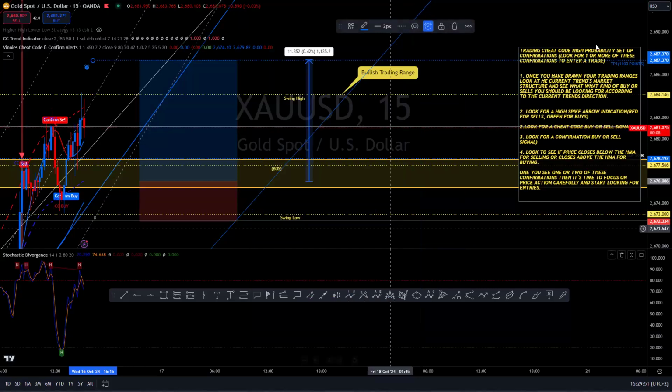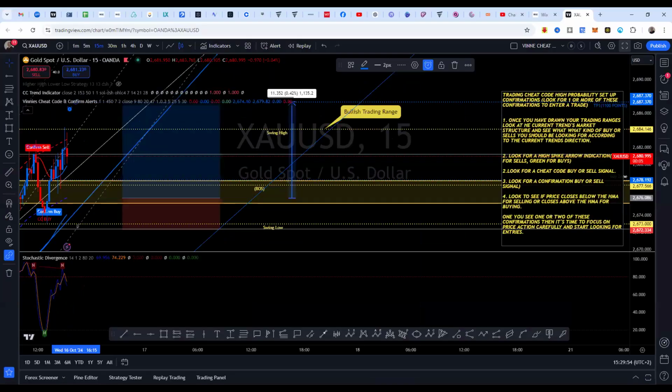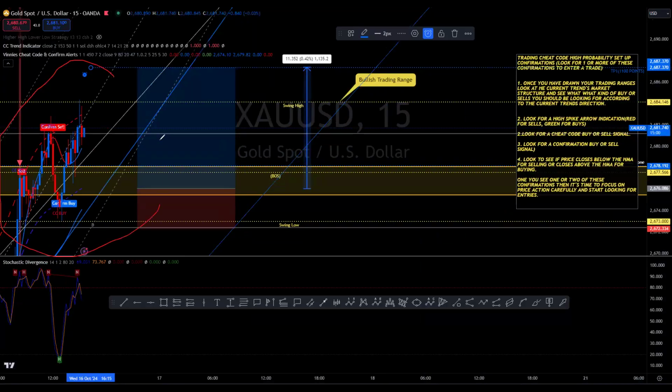We got less than 10 seconds. So now we're going to focus on price action and look for those confirmations, and we'll see what happens.